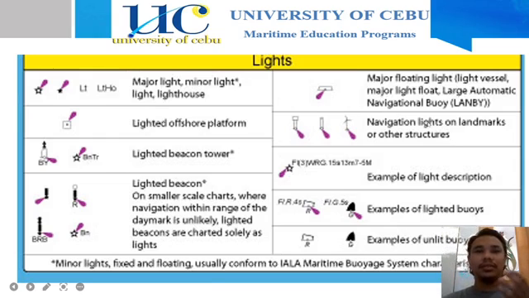This is a navigation light and landmark for other structures. This writing is the example of a light description and of lighted buoys, and this is also the example of unlit buoys.